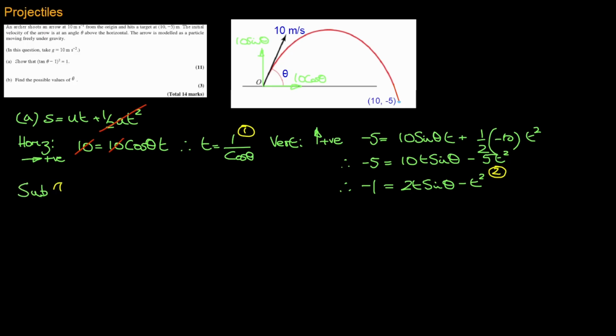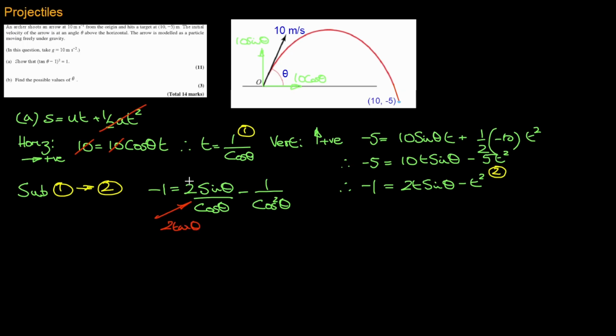So substituting 1 into 2, we get −1 = 2 sin θ over cos θ minus this guy squared, so 1 over cos² θ. Now you should be thinking about your Pythagorean trig identities here. The good thing is that we've already got 2 tan θ, because if you look at the multiplication of (tan θ − 1)², we get tan² θ + 1 − 2 tan θ. So here we are, this is 2 tan θ.